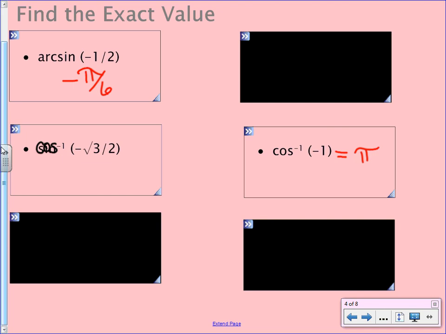Yeah. Okay, inverse cosine, our answers will be between 0 and pi. Well, that means quadrants 1 and 2. Since this is a negative radical 3 over 2, it's probably going to be the second quadrant, right? So where in the second quadrant is cosine negative radical 3 over 2? Then our answer is 5 pi over 6.